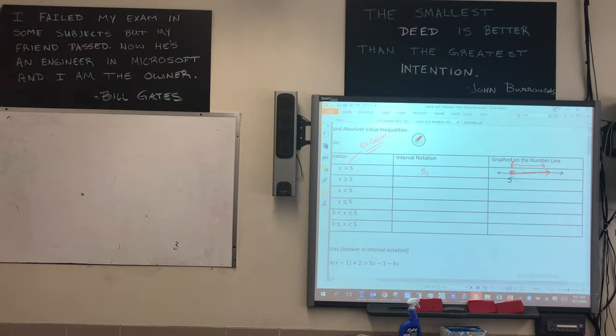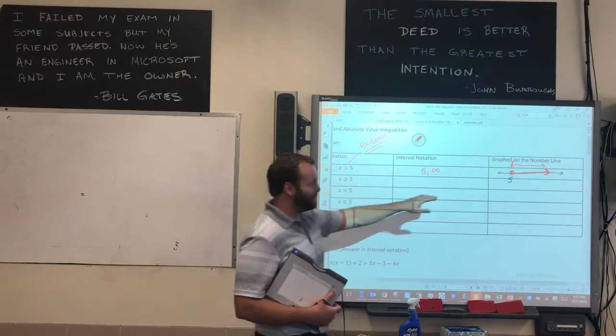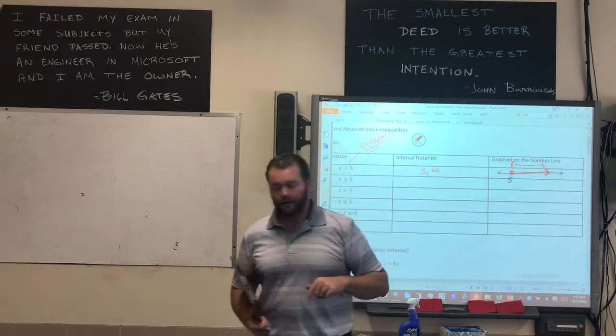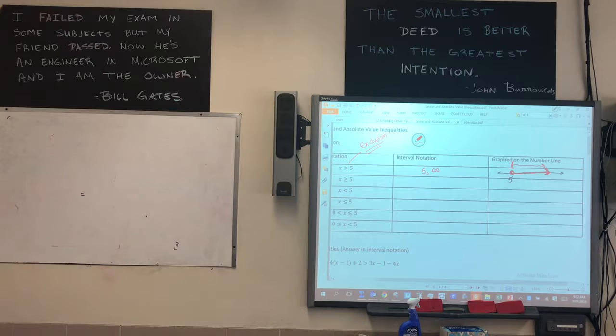Now think about the last number you come across. The last number that this arrow is representing is what number? Infinity, okay? Now here's the thing. We need a notation to tell people, like our graph did, that the open dot told us visually that 5 is not included, but the number directly to the right, the next one over, is.